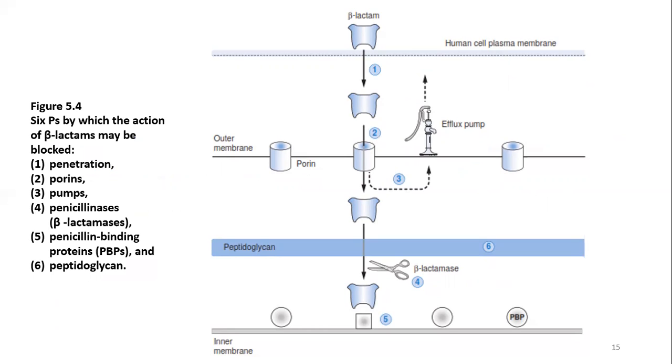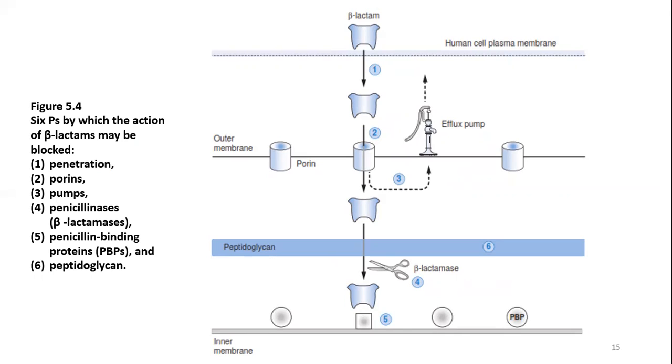So there are multiple gram-positive and gram-negative bacteria producing penicillinases. Staphylococcus can produce penicillinases, Neisseria, Haemophilus influenzae, and some anaerobic bacteria, just like Bacteroides fragilis. So in simple terms, gram-positive as well as gram-negative bacteria are producing penicillinases.